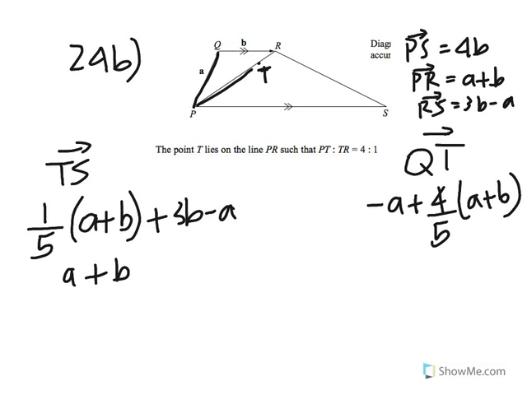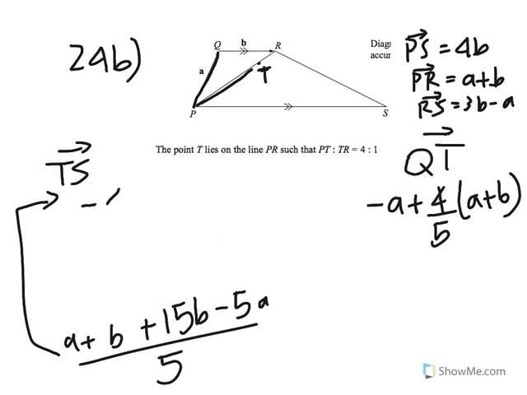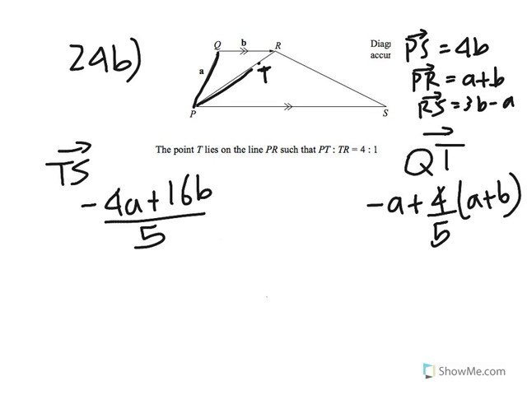And what you're going to get is (A plus B) over 5 plus 3B minus A. Now if you multiply all of this by 5, you're going to get A plus B plus 15B minus 5A all over 5. Now this all simplifies to (negative 4A plus 16B) over 5. Now we can factorize out 4/5 and leave it as (minus A plus 4B).